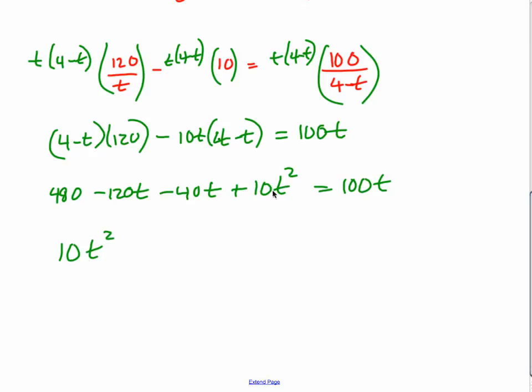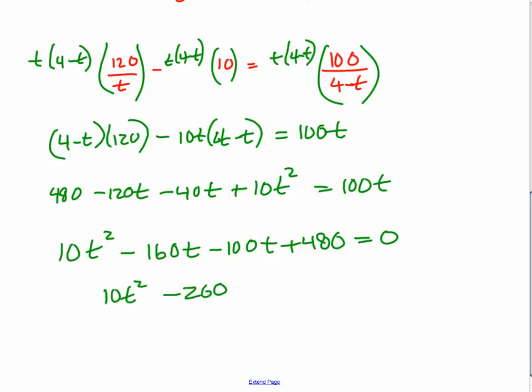So 10t squared's first. Here I'd have minus 160t. If I bring this over, that's another minus 100t. Let's just have this plus 480 equals 0. So let's combine these. 10t squared minus 260t plus 480 equals 0.